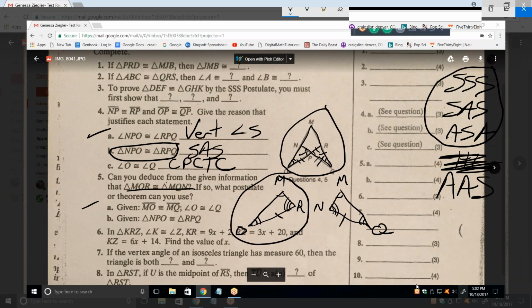Given that MO is congruent to MQ, prove that angle O is congruent to angle Q. CPCTC.